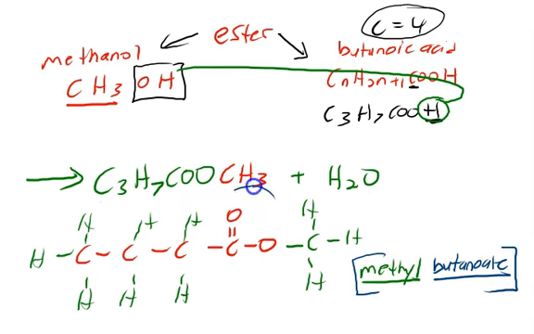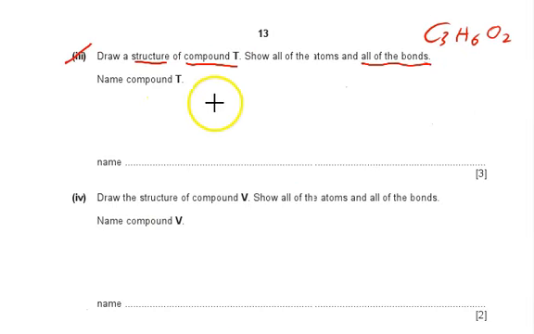So remember, ester, you will have this part. Okay, guys. Hope you have a small revision on the ester. So here we have is ester, right? So compound T is a ester. So what we can do now? You must have this, right?